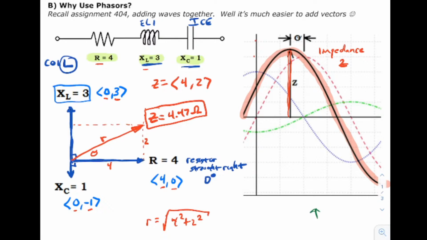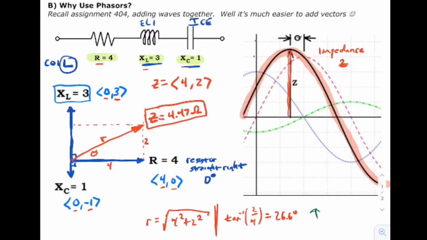What about this angle here? Remember how to get that angle? It was a shift tangent. Remember that stuff? Y component over x component. So if you do a shift tangent of 2 over 4, basically 0.5, I'm getting an angle of maybe 26.6 degrees.